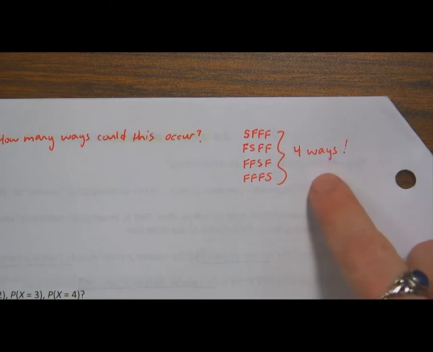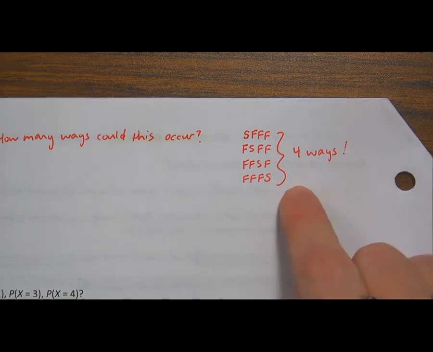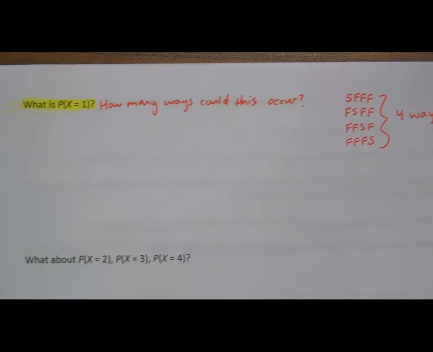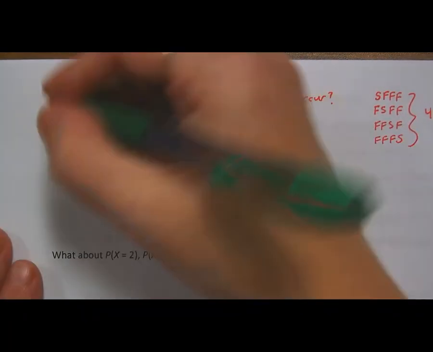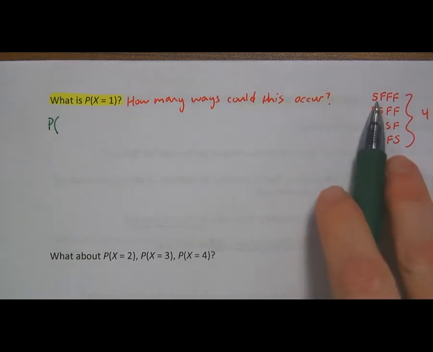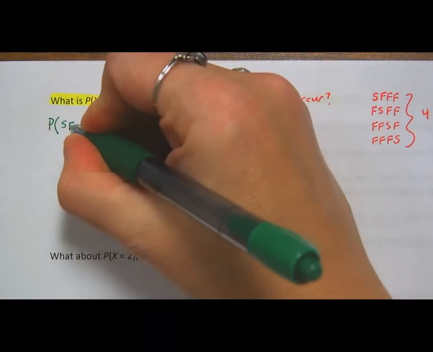That's going to become very important to us because there's a way we can shortcut this eventually where we don't have to go out to the side and make a list. So bear with me here. Let's map out the first thing that I wrote over here happening, where I get a success, fail, fail, fail.